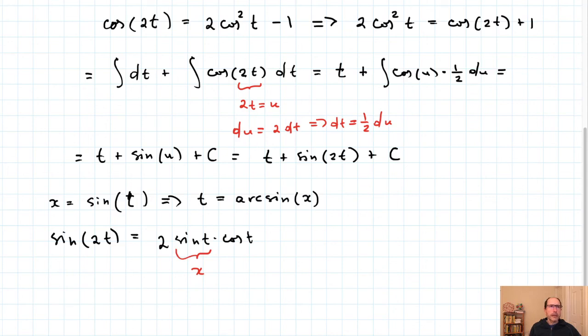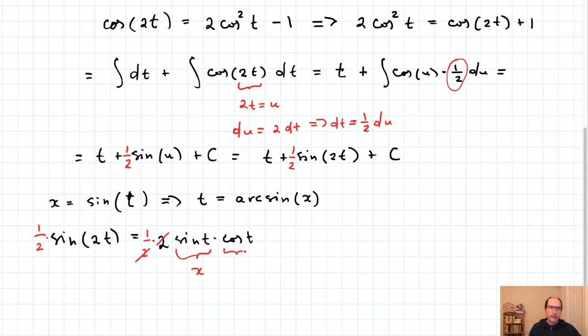I think I lost the constant here. I apologize. So this 1/2 right here, when we pull it outside of the integral, it should have been present here. So it should be 1/2 sine u and 1/2 of sine of 2t. And so really we should be rewriting 1/2 of sine of 2t in terms of x. 1/2 and 2 cancel out. Sine t becomes x.